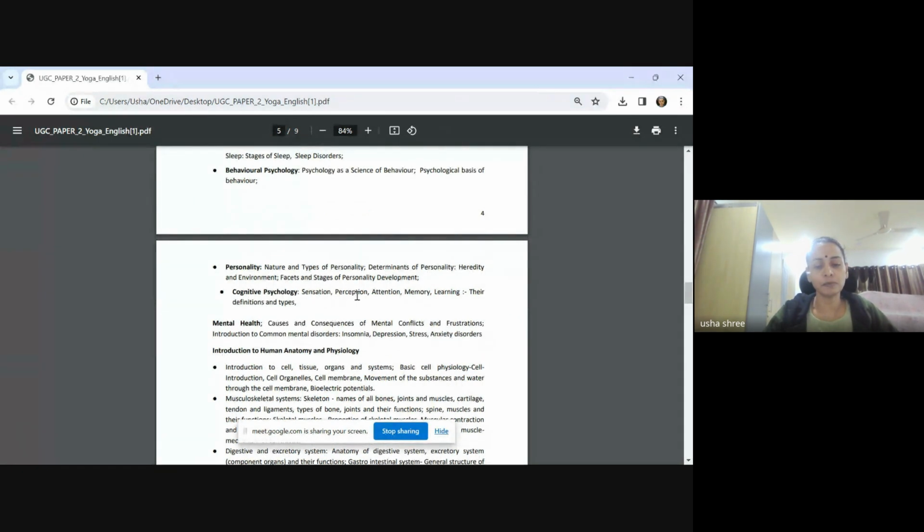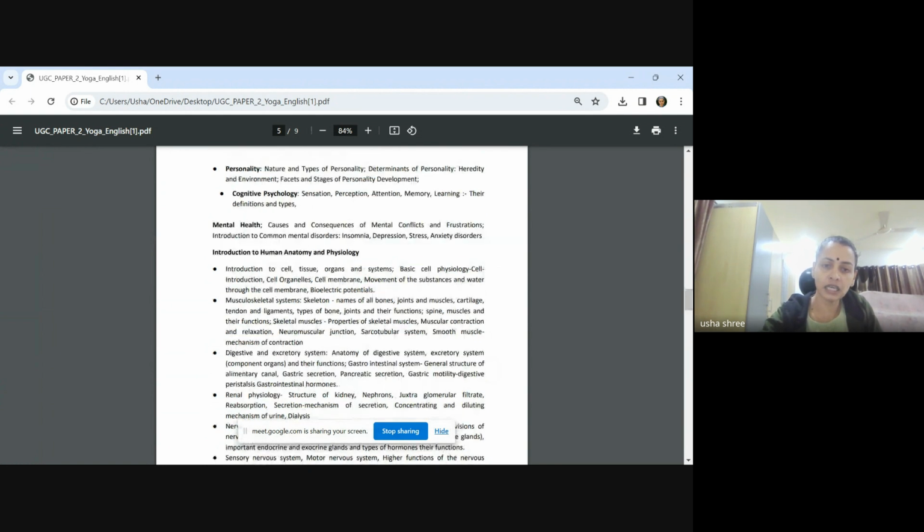The sensations, perception, attention, memory, learning, these aspects you will go into in a little bit of detail, their definitions and types. Then followed by mental health, causes and consequences of mental conflicts and frustrations, introduction to common mental disorders such as insomnia, depression, stress, anxiety disorder. So this is what you will be seeing in psychology.